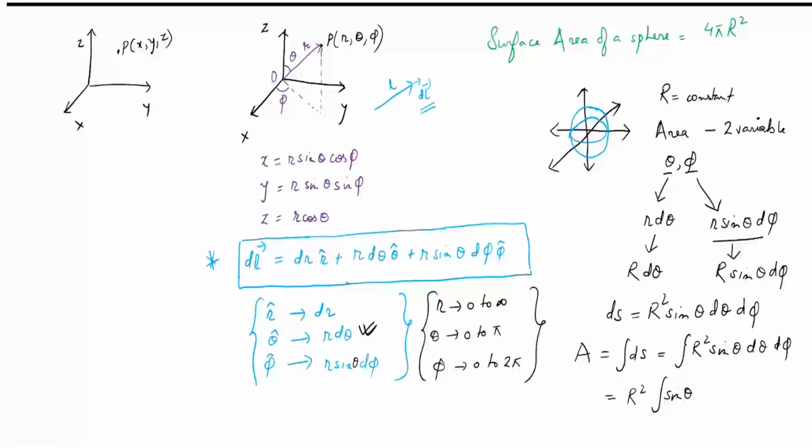Sine theta is a double integral, d theta, where theta goes from 0 to pi, and phi goes from 0 to 2 pi. If you integrate this, you will get 4 pi r square. Are you able to follow this?